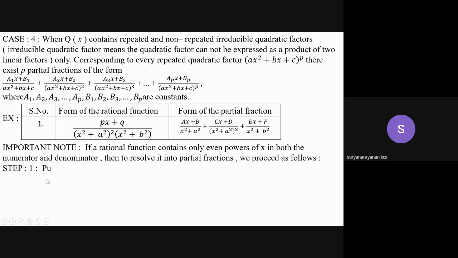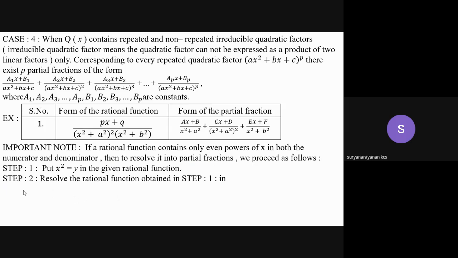Step 1. Put x square equal to y in the given rational function. That is the first step. Next, step 2. Resolve the rational function obtained in step 1 into partial fractions.